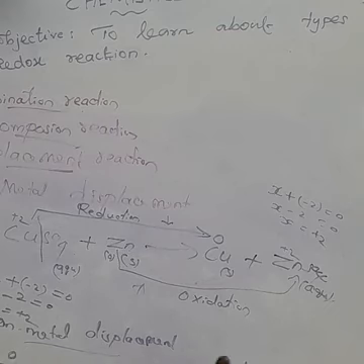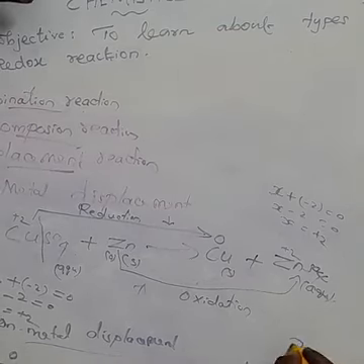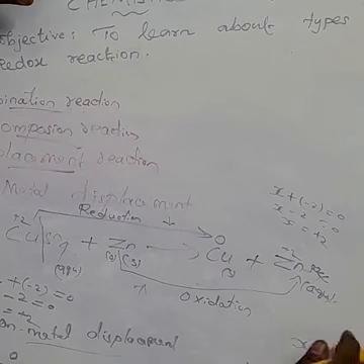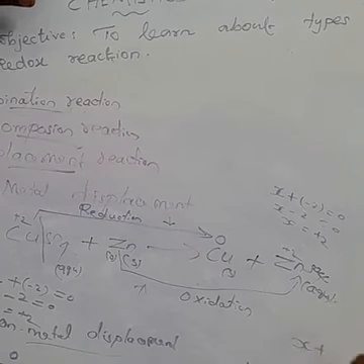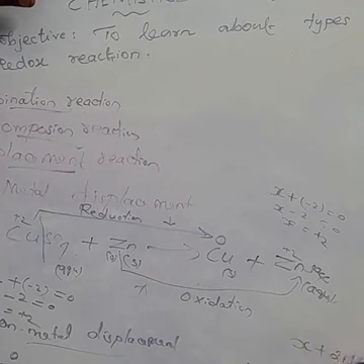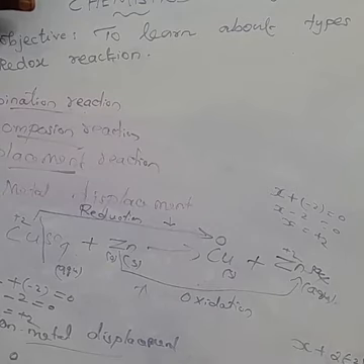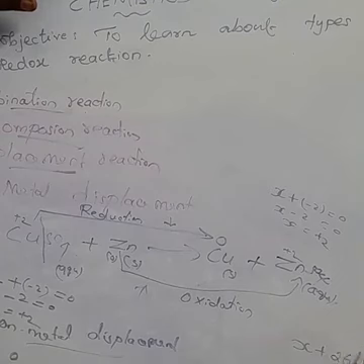So here we have to find X plus 2 into -1 is equal to 0, because there is no net charge. So what's the answer?